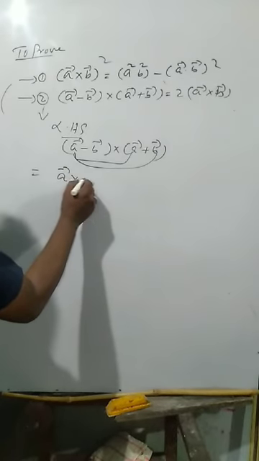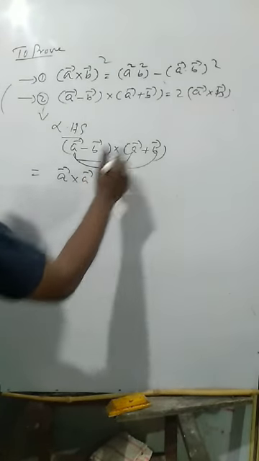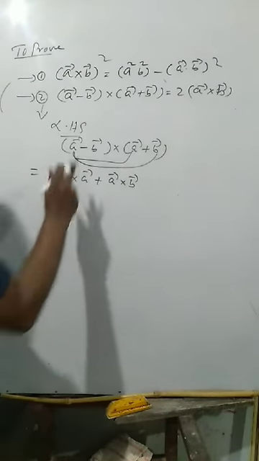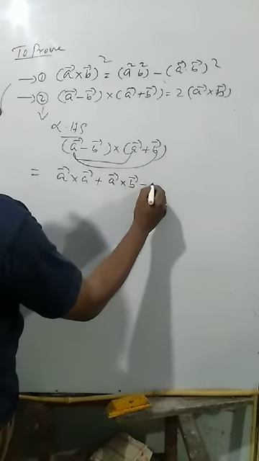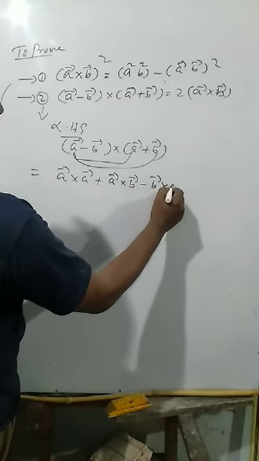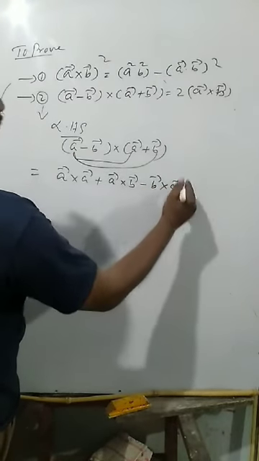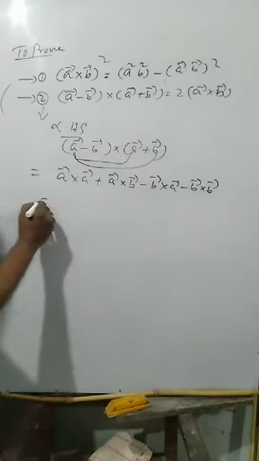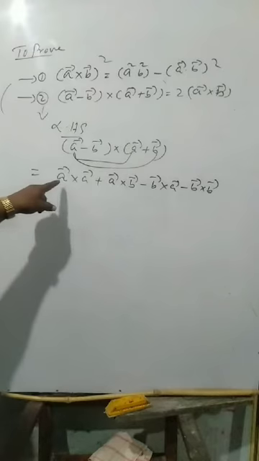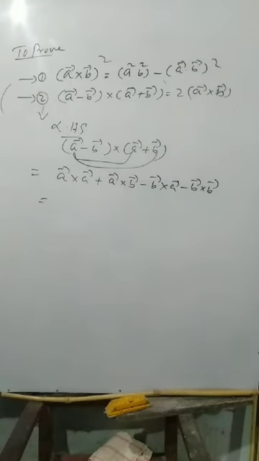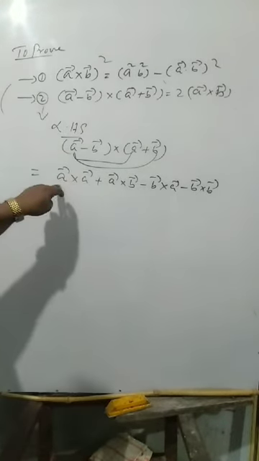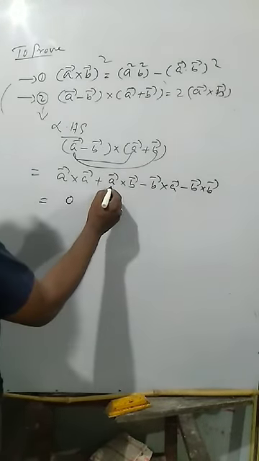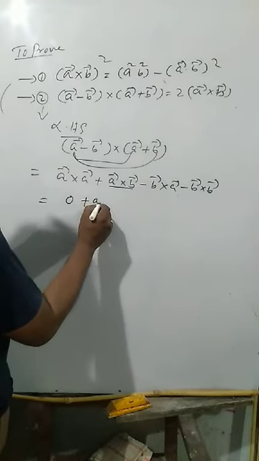So A cross A, minus plus A cross B. So minus into plus is minus B cross A. Minus into plus minus B cross B. So now we get the cross product of the two similar vectors equal to 0. Here these two similar vectors, here also two similar vectors, this equals 0. Here A cross B, instead of this you write A cross B.